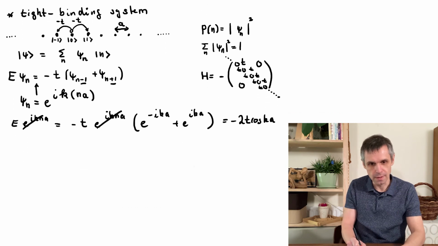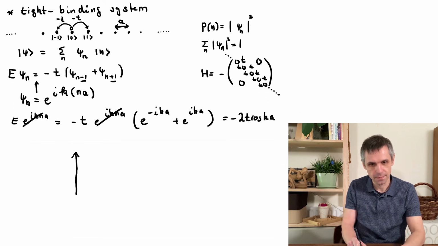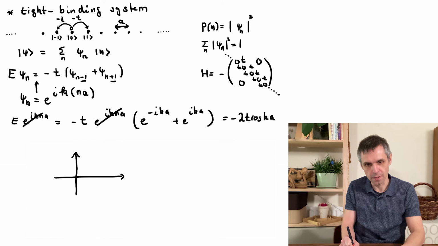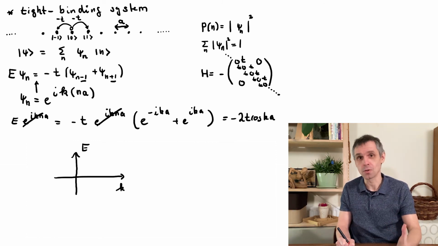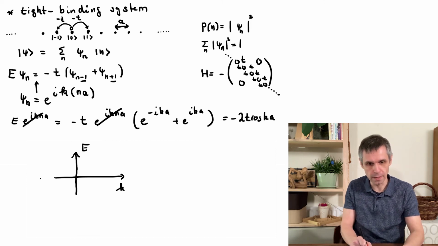Let us place this into a diagram and then we are done. So we have E as a function of k, this wave number, which is also known as the crystal momentum, because what we essentially describe here is an electron moving in a crystal. And then we have this cosine with the minus sign in front. So this looks roughly like this.